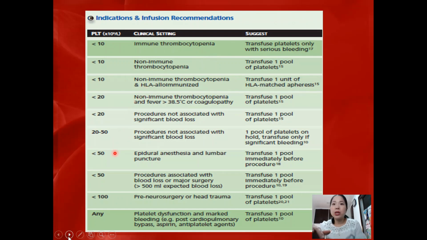For procedures, such as when you have a patient with a platelet less than 50 and the clinical setting is that the patient would need to undergo epidural anesthesia with lumbar puncture, then you have to maintain a platelet of 50 and above for that patient, and you need to transfuse a pool of random platelets right away.